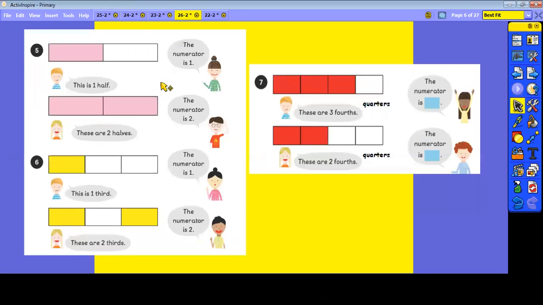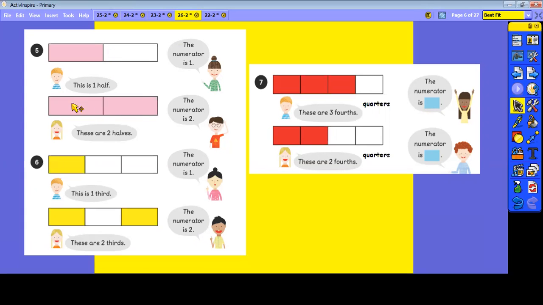Moving on to part 5, we've got Emma explaining that here the numerator is 1, representing the pink shaded part. But there are 2 equal parts, so the denominator would be 2, wouldn't it?